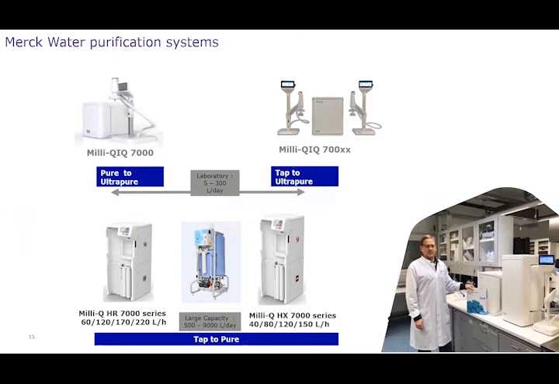If you have a source of pure water, it can be upgraded to ultra-pure water, or we also have systems taking tap water directly to ultra-pure water. For labs requiring high consumption of grade 2 water, we can also offer very specific large-capacity systems for type 3 and type 2, which can be distributed inside the building to different labs.